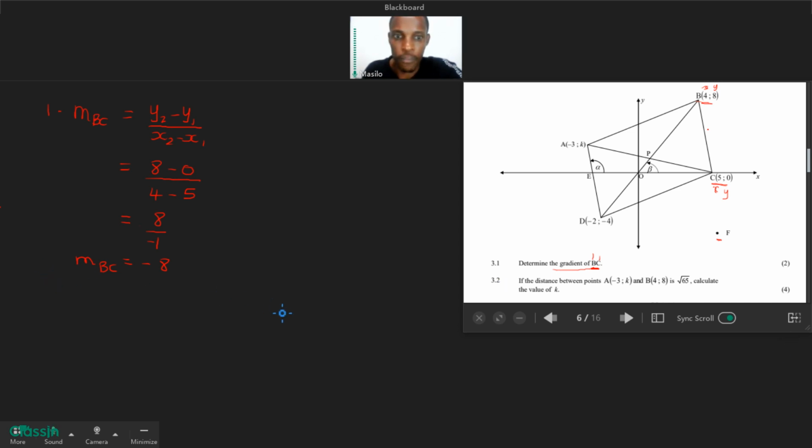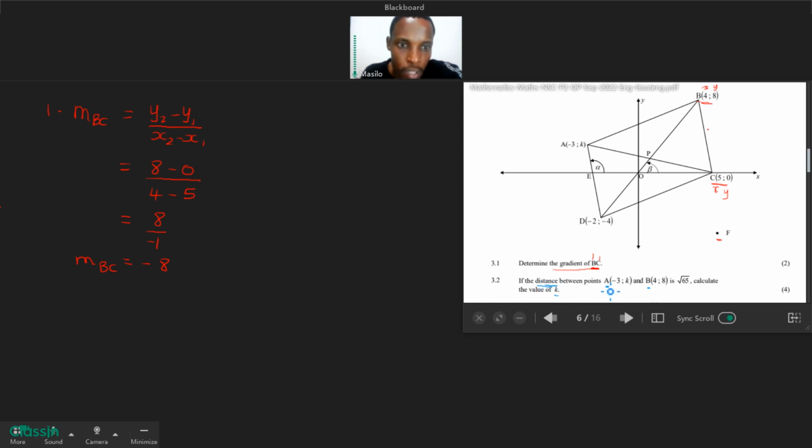The second question says, if the distance between A and B is root of 65, calculate the value of K. So they mentioned a distance.